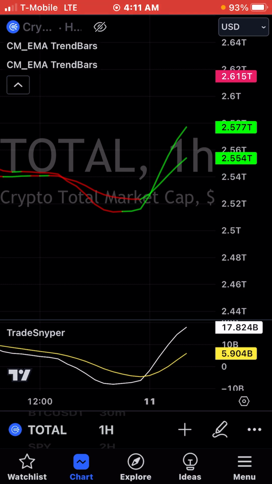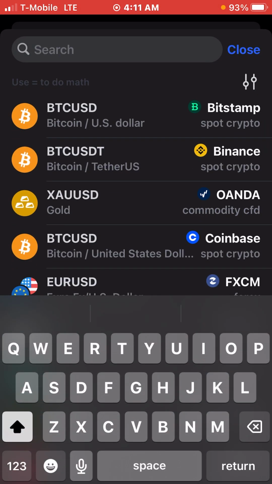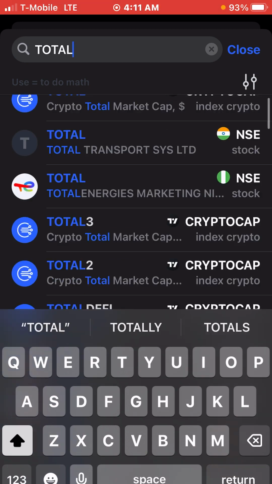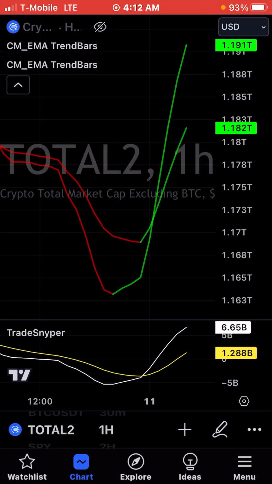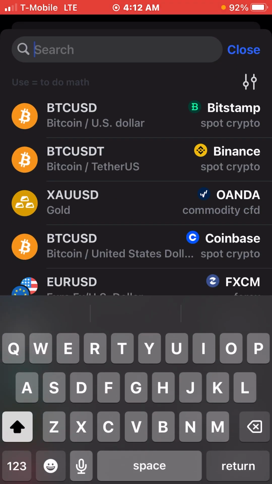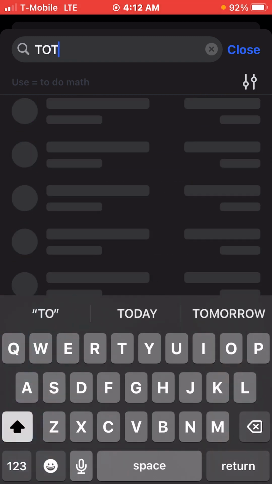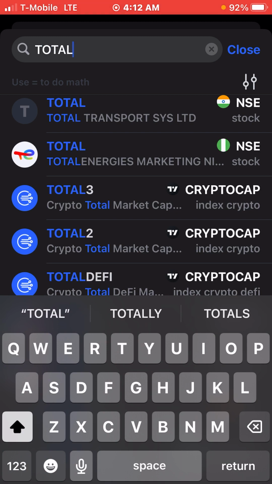Now, if you want to trade something other than Bitcoin, you want to go and look at Total 2. What is Total 2? Let's see if it says what it is. I think there's Total 2.